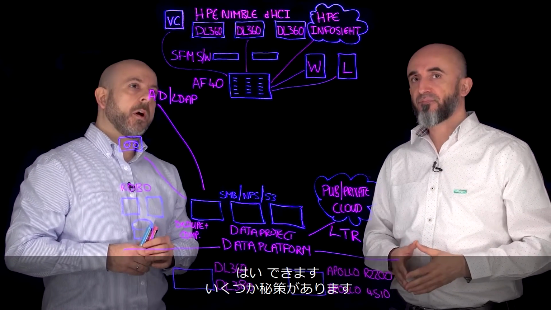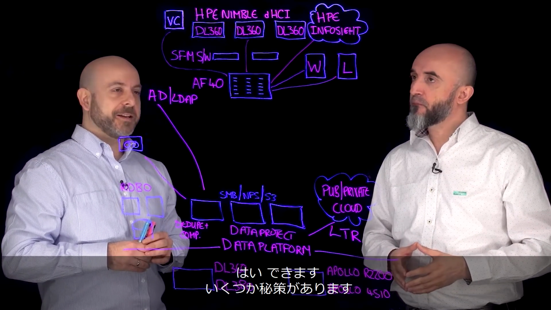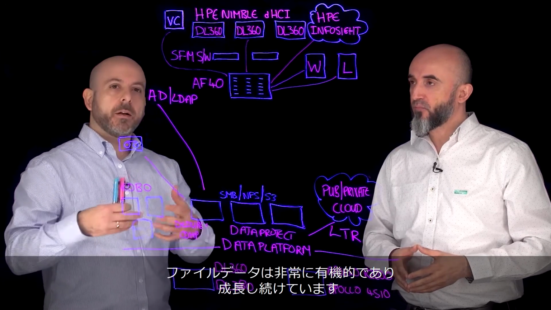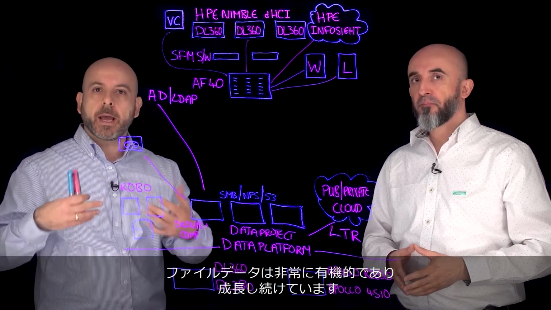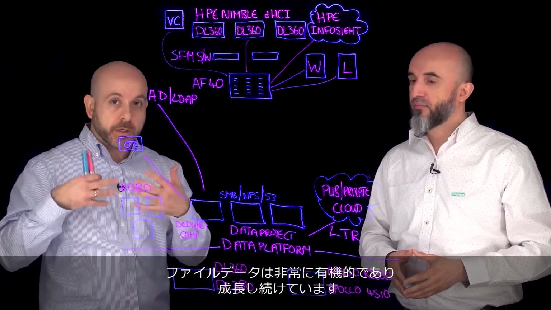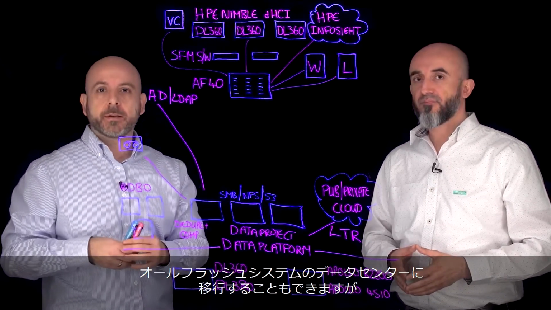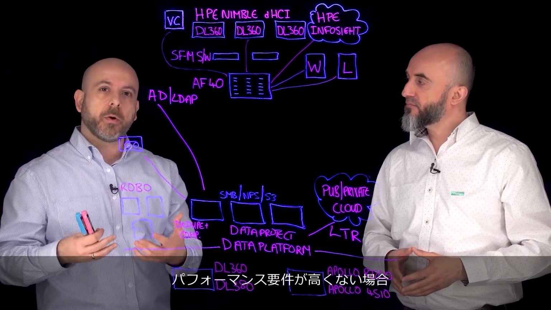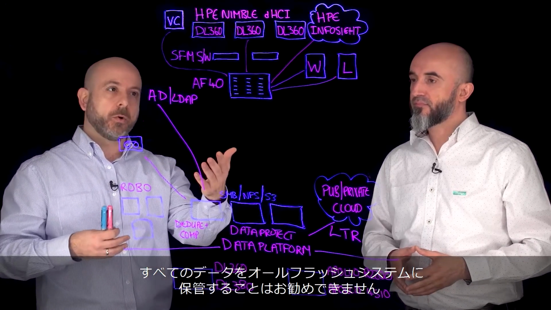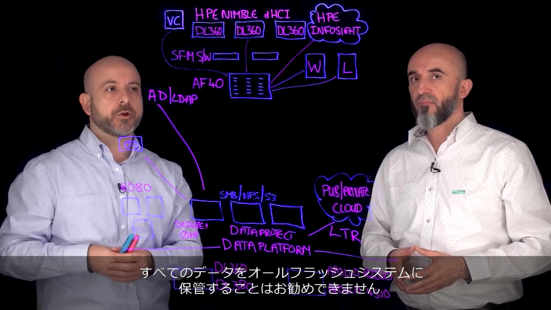Absolutely. We do have a few tricks up our sleeve. File data is very organic. It grows and it grows and it just keeps on growing. And as we're seeing the move to all-flash data centers, if it's not a high-performance requirement, it's a shame really to hold all of that data on all-flash systems.